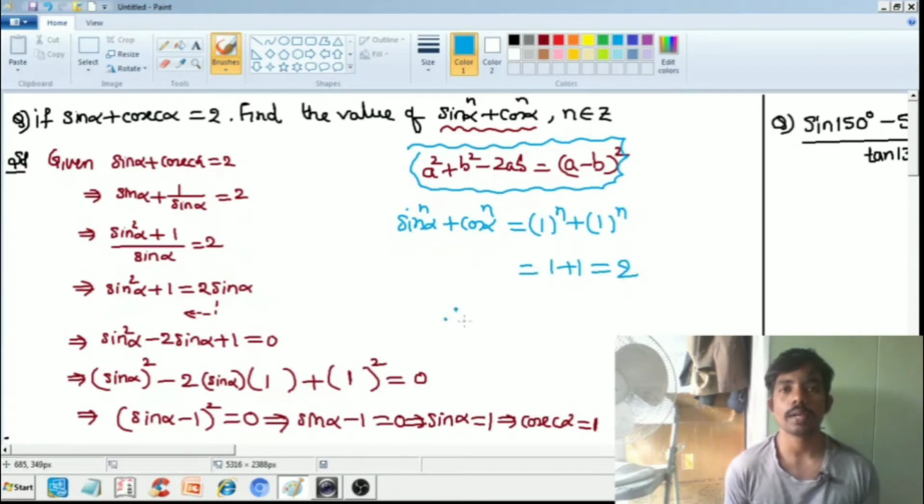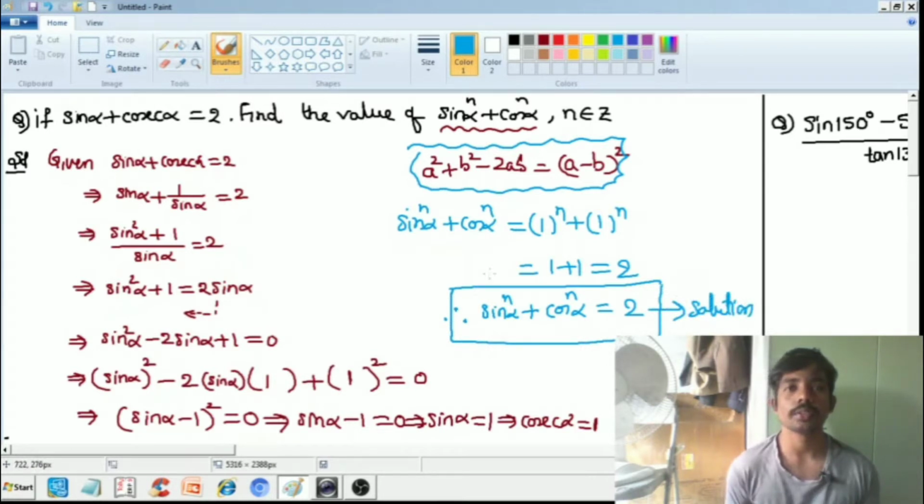Therefore the answer is sin alpha to the power of n plus cos alpha to the power of n is equal to 2. This is the solution for this question.